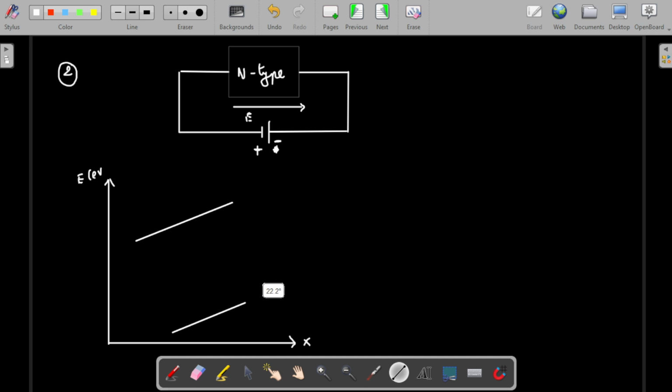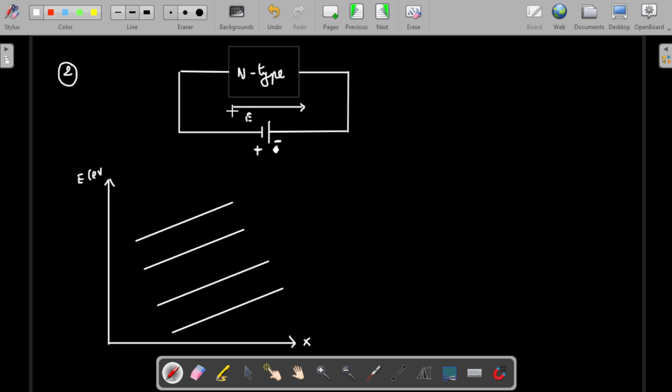So here is EC, here it is EV, and then here we could clearly see the Fermi level formed by the donor atoms, and this is the intrinsic energy level. Okay, I hope you guys are able to understand it, right? So the net change is directly proportional to the electric field. The electric field is in this direction, so the bands are directed in this direction.